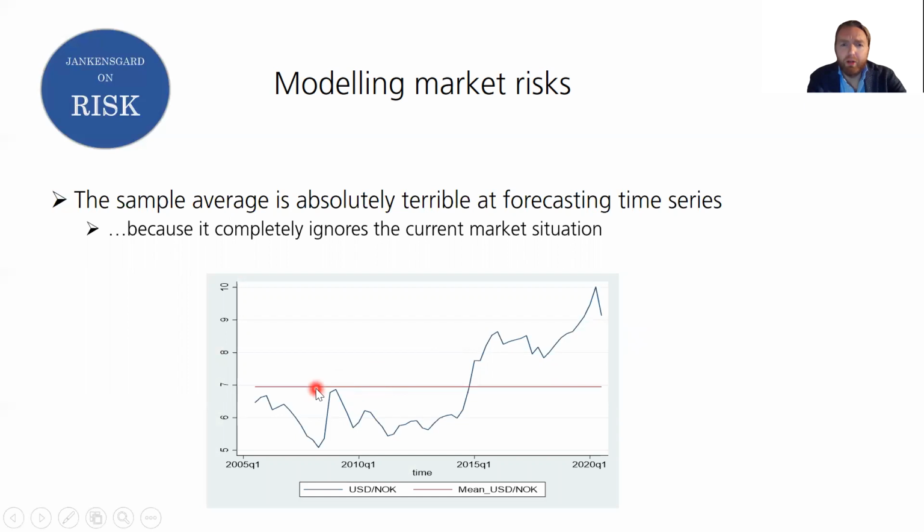And just by looking at the graph, we can get a few clues as to why that's not going to work very well, because it's consistently below the mean all the way up to here, 2014 something, after which it's consistently above the mean. So it's no wonder that the average doesn't really work. Here you're making massive prediction errors on this side, only to switch to very large forecasting errors on this side of the mean, after 2015.